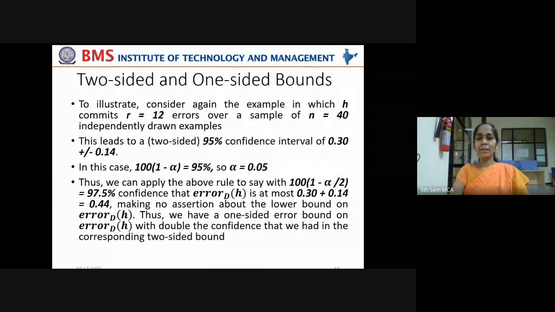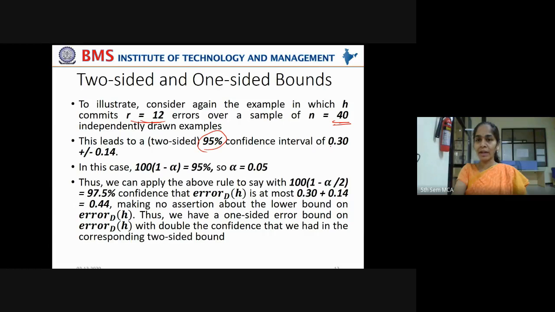Now let us take an example. It will be very clear for you. To illustrate, consider again the same example in which the hypothesis or the machine learning model commits 12 prediction errors over the sample of 40 data points, independently drawn samples. This leads to a two-sided 95% interval. How do you calculate the interval?